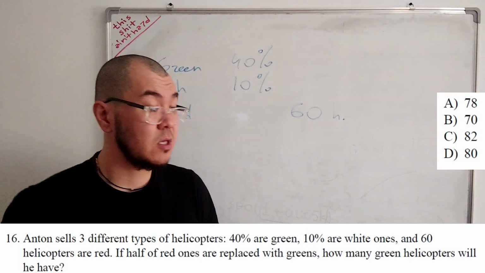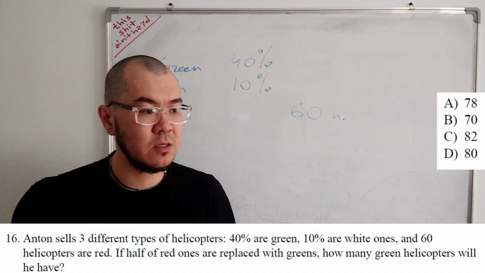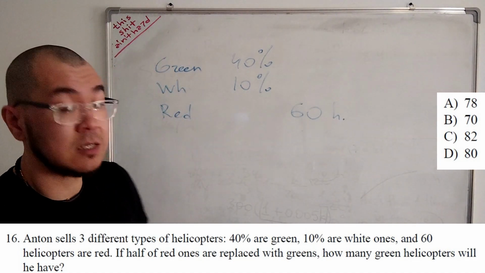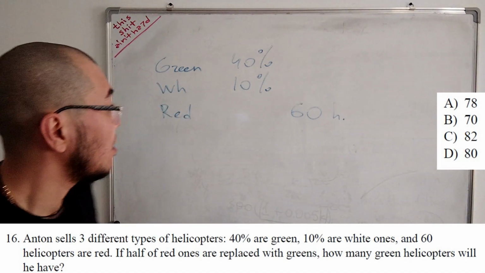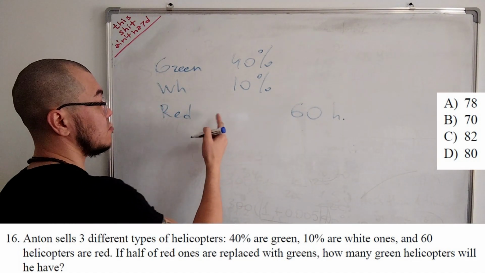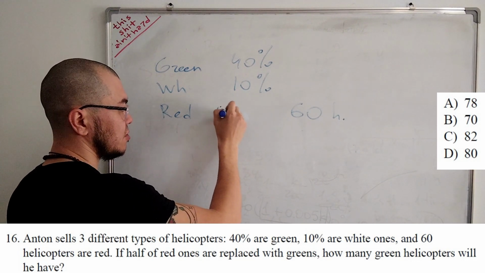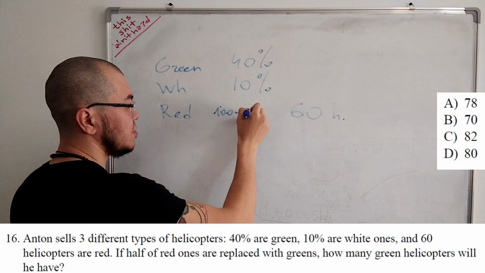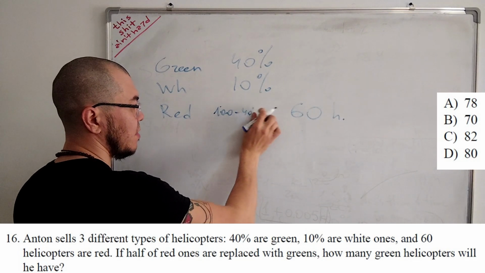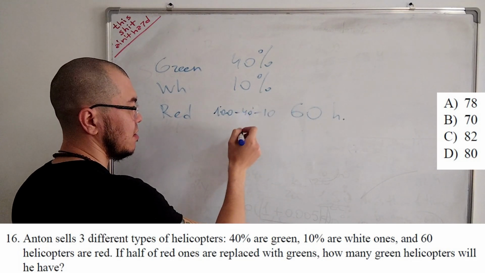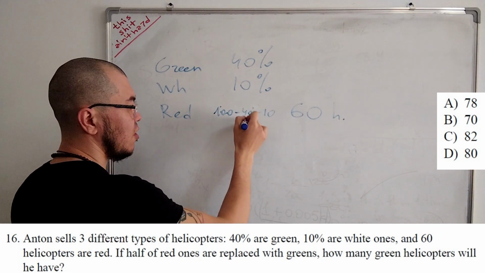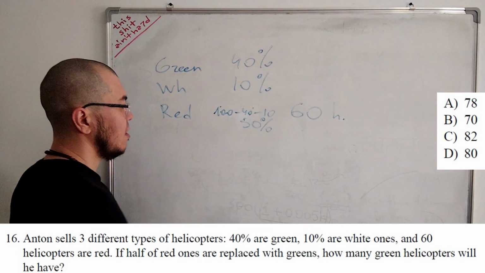First of all, we have to find out how many units Anton has. We can find out that the red ones are 100 minus 40 minus 10, which is equal to 50%.